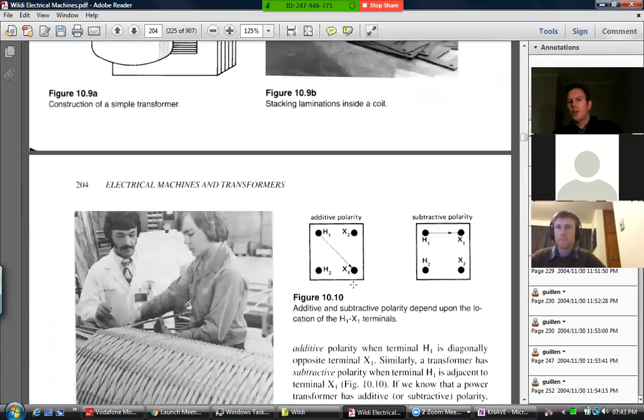And a 2 and a 2 correlate. So an H and an H is both on the primary, X and X is on the secondary. And if you see current coming into an H1 terminal, the current will come out of the X1 terminal. If the H1 terminal goes positive at an instant, the X1 terminal will also be positive at an instant.